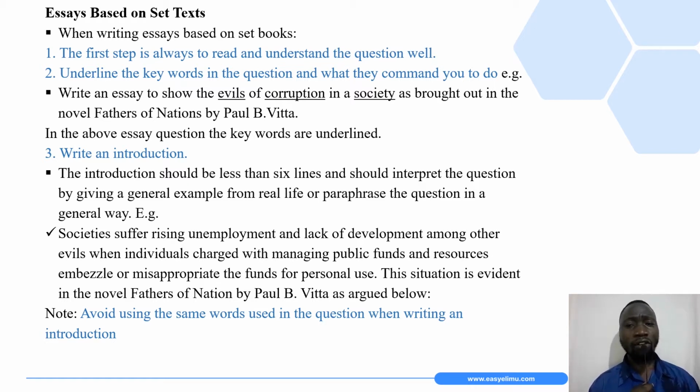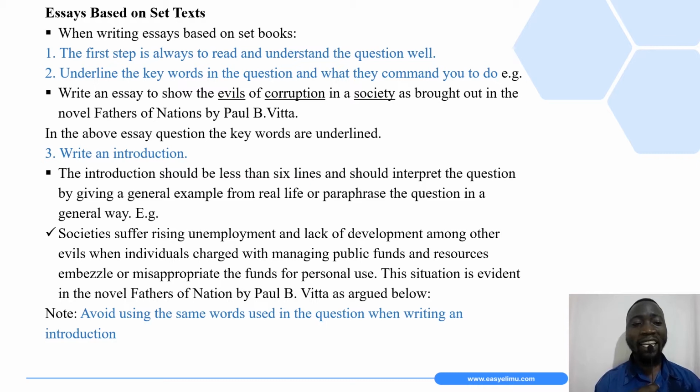So for example, you can be given this question: write an essay to show the evils of corruption in a society as brought out in the novel Fathers of Nation by Paul B. Vita. So that is just an example of how a question can be set. So in the above question, the underlined words are the keywords.